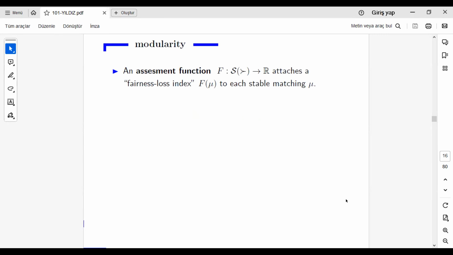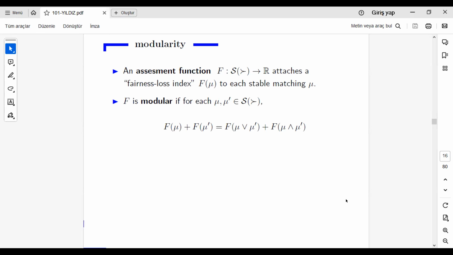Now, an assessment function is simply a function on the set of stable matchings, which attaches a fairness loss index to each stable matching. So view this as a numerical function on the lattice.